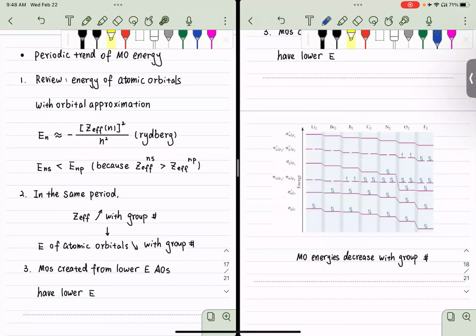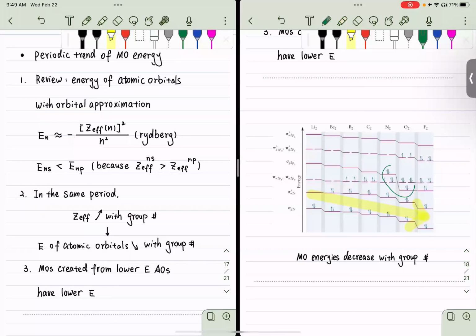What that means is the energy of the atomic orbital will decrease, so molecular orbitals created from the lower energy atomic orbitals will also decrease. In other words, in the table, in general, when going from left to right of the periodic table, we see the molecular orbital energy decrease with group number.